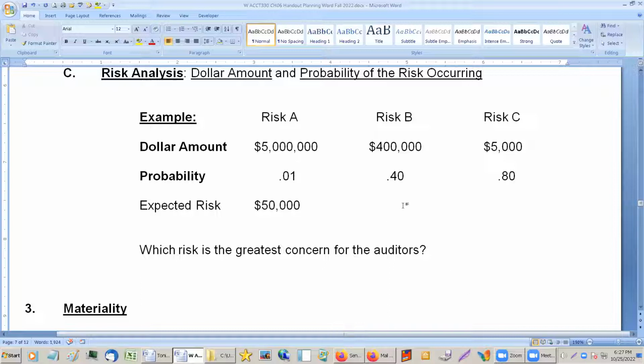Risk B, 400,000 times 40% is 60. And risk C is 80% times 5,000, which I think is 4,000.